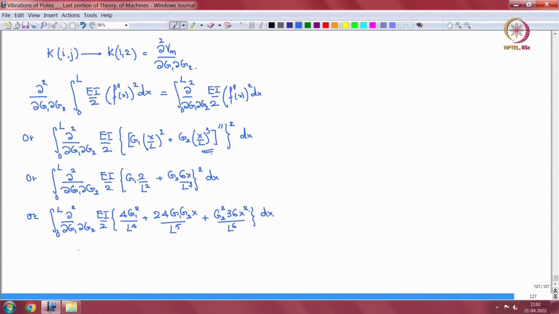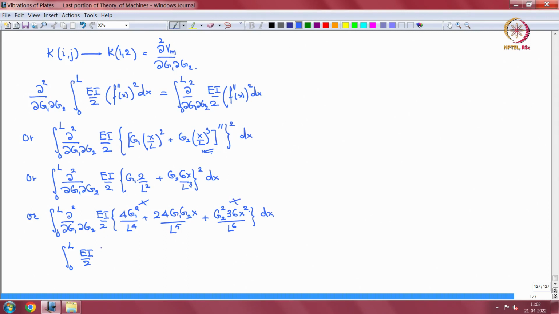We get integral 0 to L. We do the differentiation now, so I get EI by 2. Once with G1 it survives, next with G2 it won't survive. Once with G2 it survives, then with G1 it won't survive.